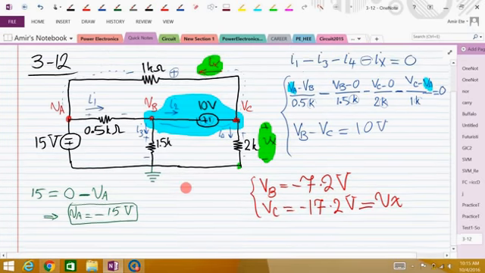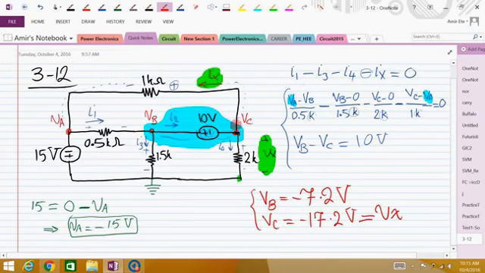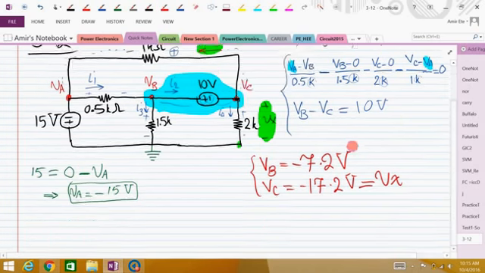How about Ix? Ix here is the current going through this resistor. So it is Vc minus Va over 1k. So Ix is VC, this voltage, minus VA, which is minus 15, over 1K.